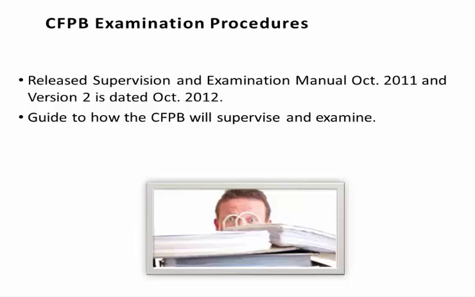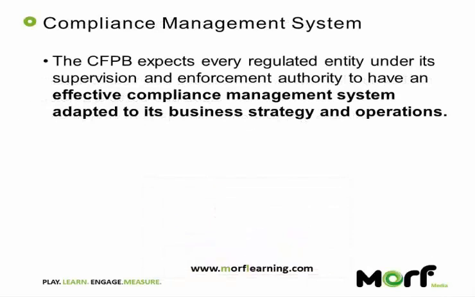So what the CFPB expects is that every regulated entity under its supervision and enforcement authority have an effective compliance management system that has been adapted to your business strategy and your size and your operation, obviously. But it's important to remember that each CFPB examination, and we're seeing this in a lot of state exams as well, will include a review and testing of components of your compliance management system. So they go through that in their examinations.